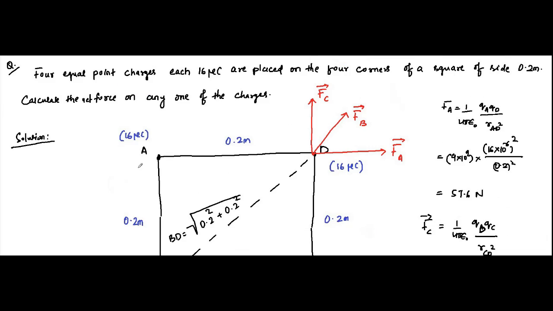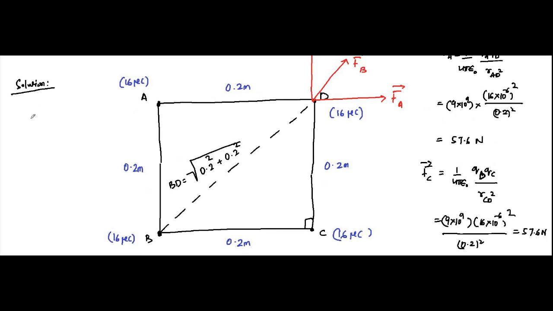FB will be equal to 1 by 4 pi epsilon 0 QB QD by RBD whole square. 9 into 10 to the power 9 into 16 into 10 to the power minus 6 whole square.